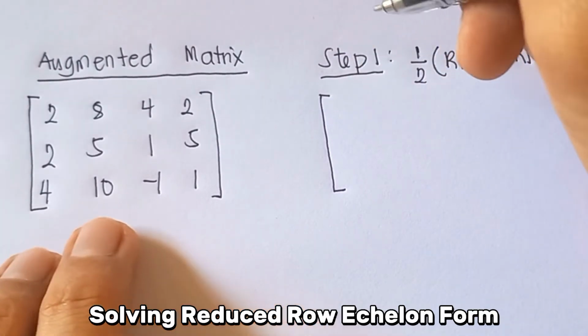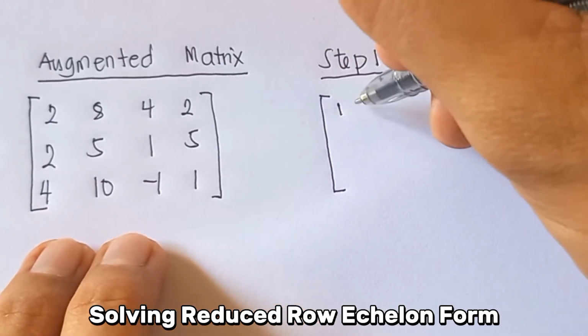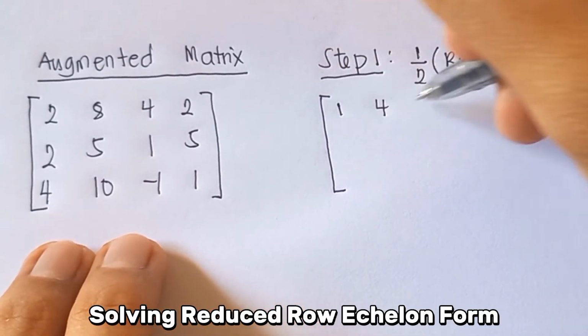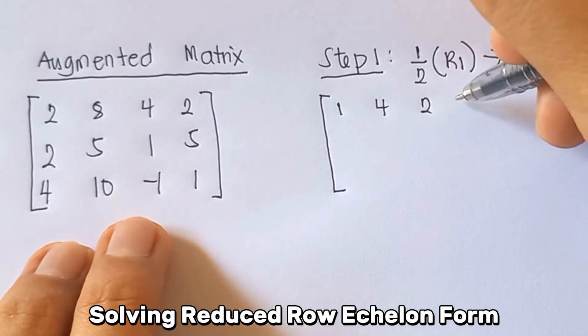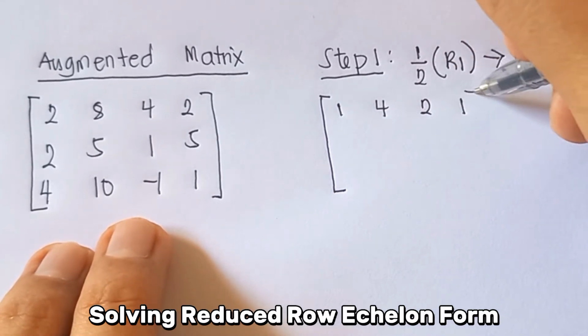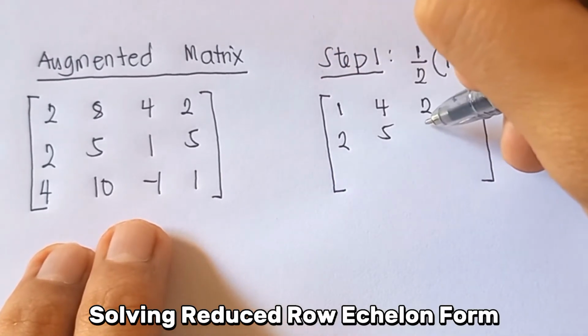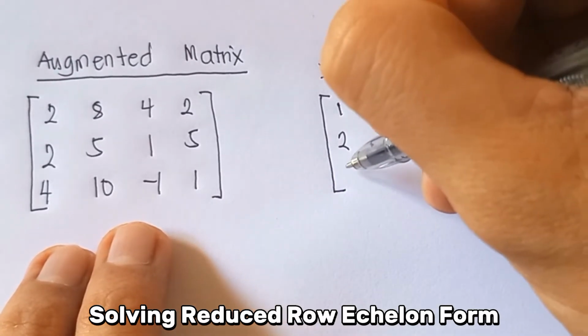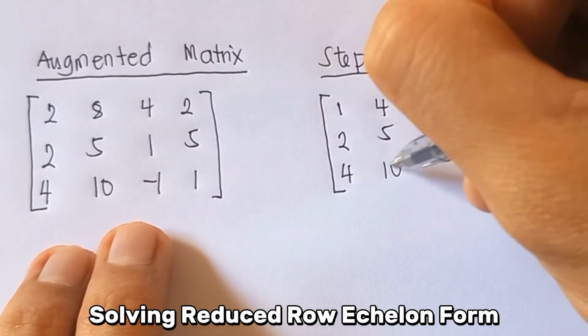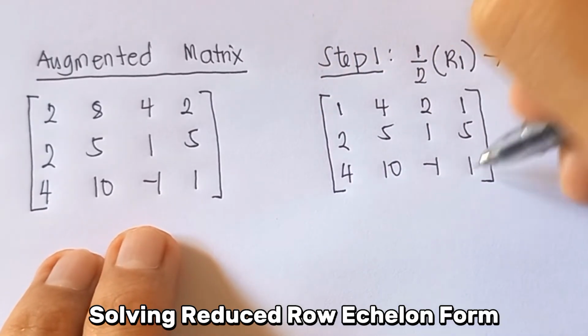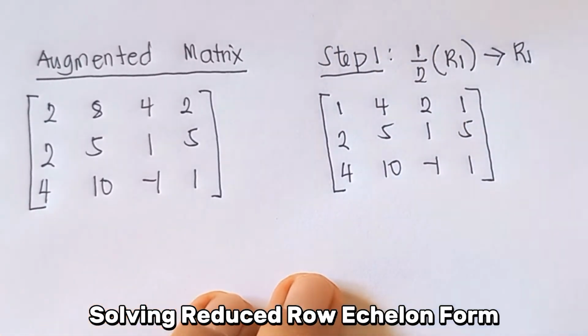So we have 1. This will become 4. This will become 2. And then becomes 1. Then copy the rest: 2, 5, 1, 5, 4, 10, negative 1, and 1.